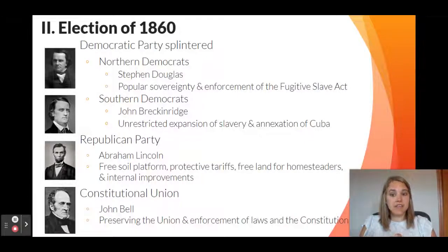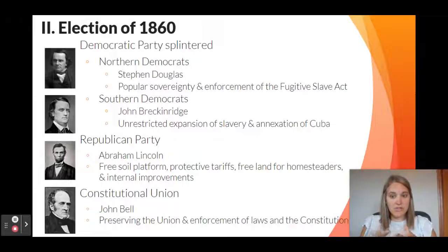So moving forward into the election of 1860, you can see just based on this slide here that it is a unique election. There are actually 4 candidates that are running. And one of the biggest things that was going on was the Democratic Party was splintered. They were not able to agree on one candidate. And so Northern Democrats nominated Stephen Douglas, and Southern Democrats nominated John Breckinridge.